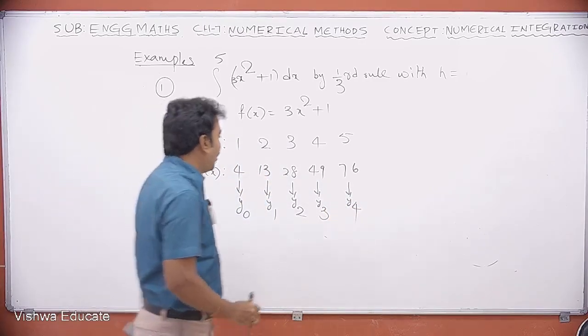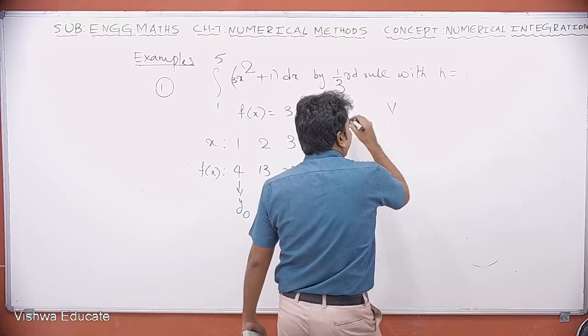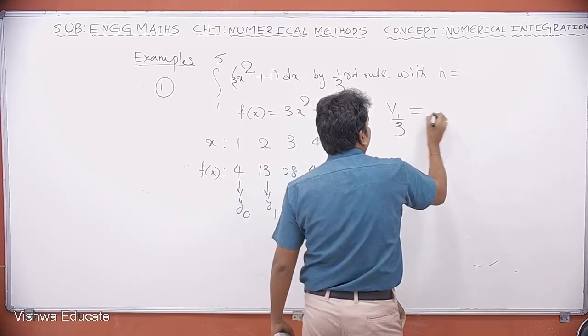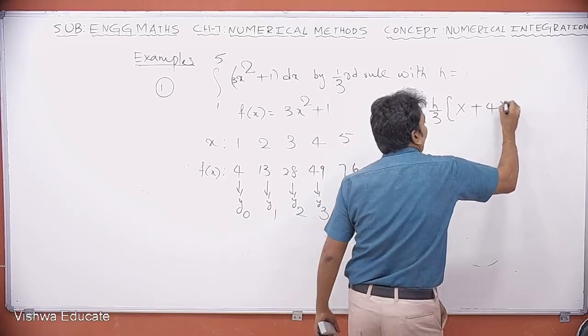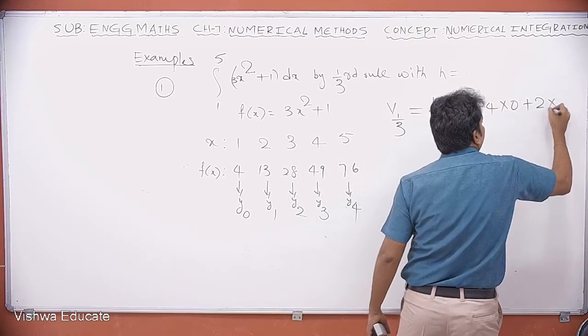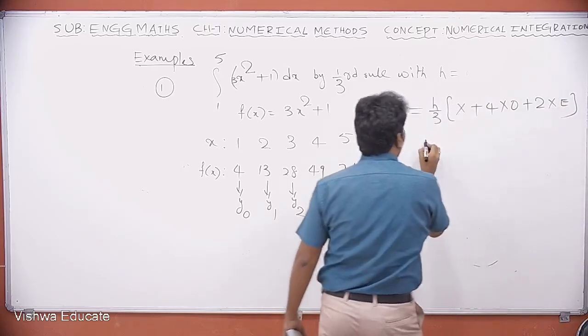Therefore, the value of the integral using the one-third rule is h by 3 into X plus 4 into O plus 2 into E. Here the value of h is 1.